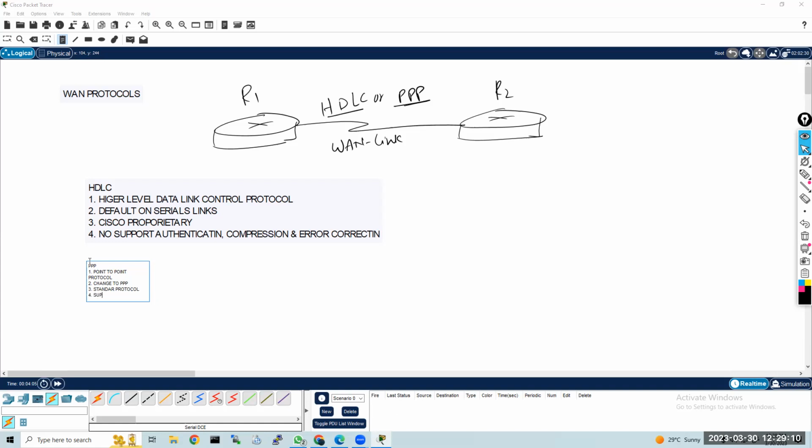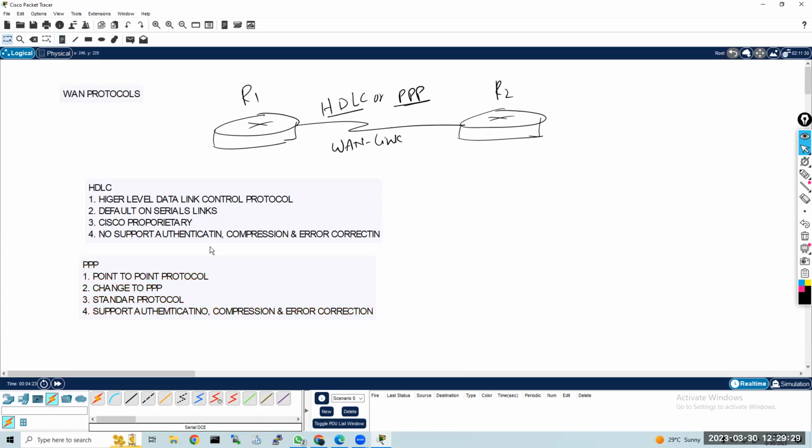Okay, supports authentication, compression, and error correction. So these are a few points, guys. You should remember this, especially for the WAN technology. So how do we check this one?